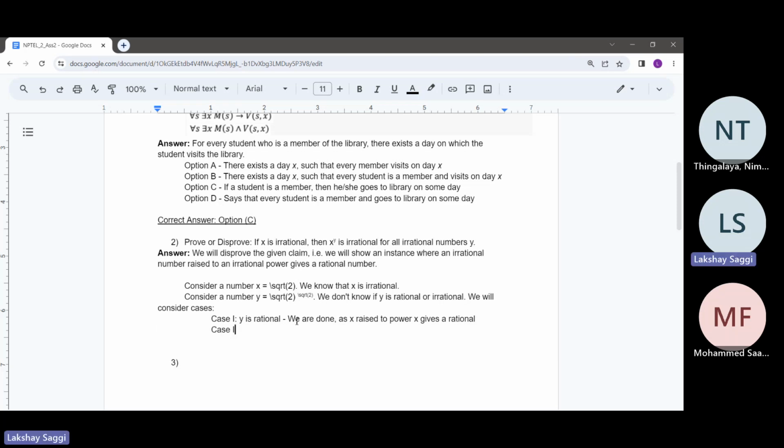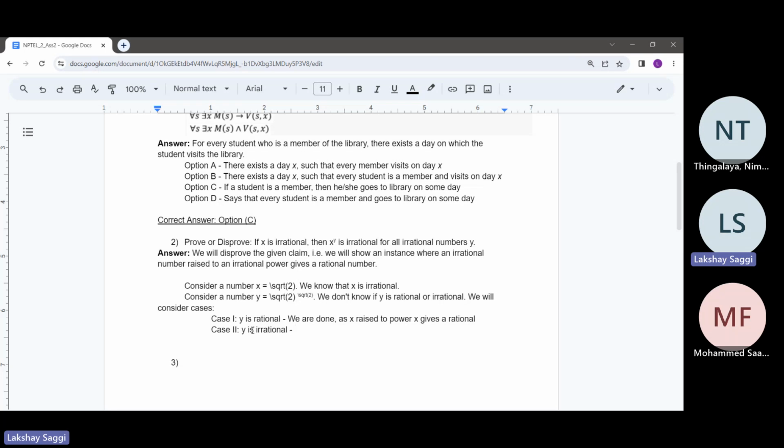But let's consider case two. We don't know if y is rational or irrational, so we'll consider both cases. Suppose this number y was irrational. In this case, we can do something very interesting.